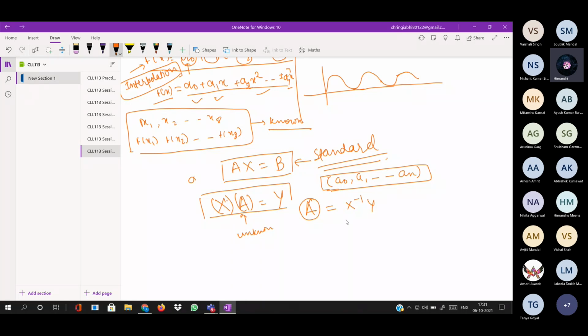Finally, it is x inverse y, but we can write it as (x transpose x) inverse times x transpose times y, isn't it?